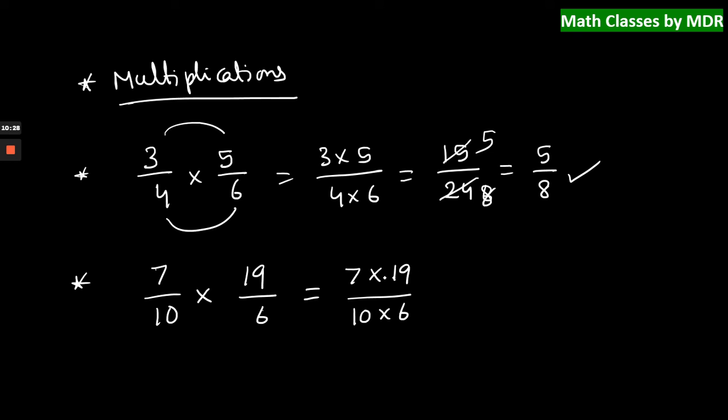So 7 into 19 is 133 by 10 into 6 is 60. So you can write it as the mixed fraction, that is 2 13 by 60. So it is so easy, right? Multiplication is so easy.